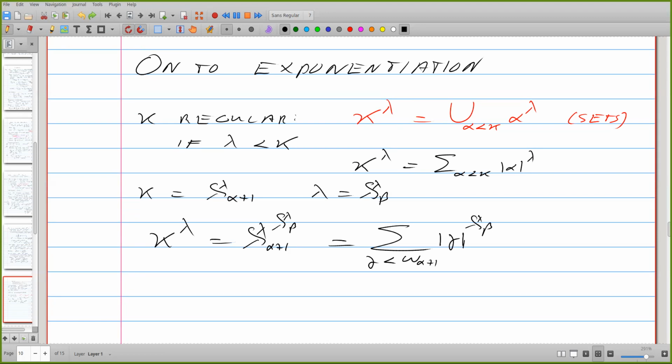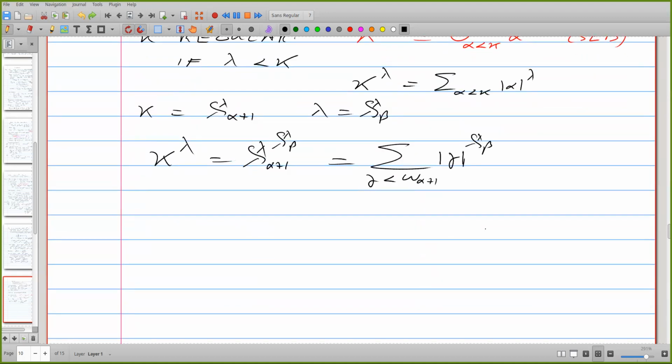Now, what do we know? This is a non-decreasing sequence of cardinals. So we know that this is the number of terms times the supremum.